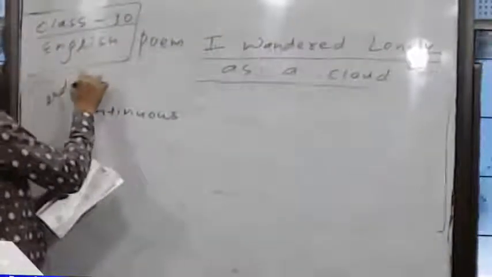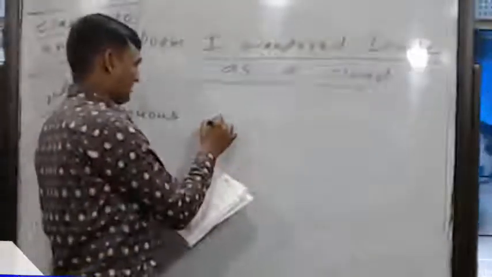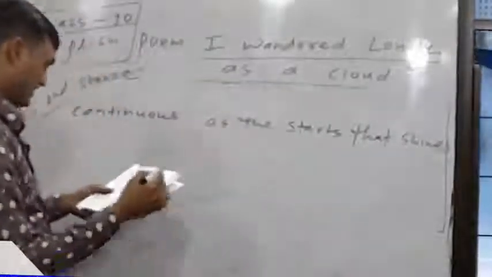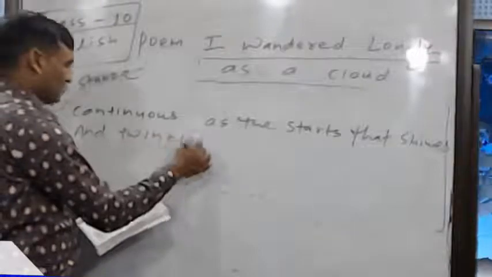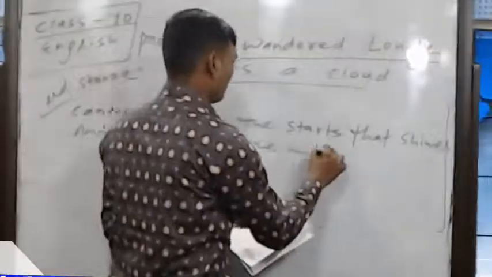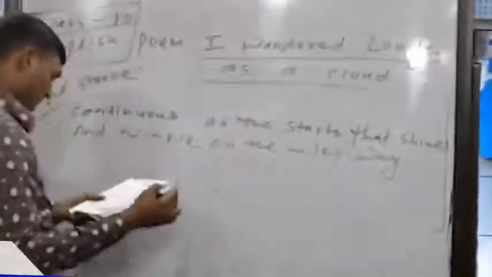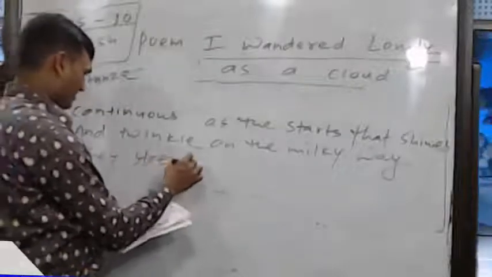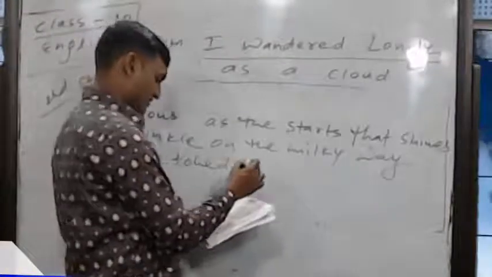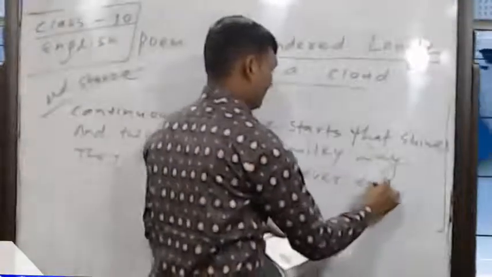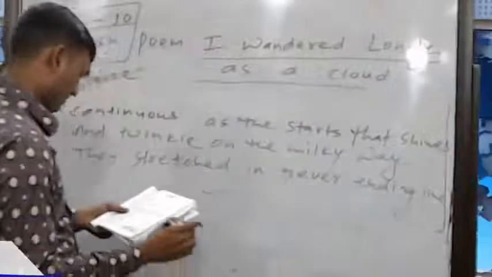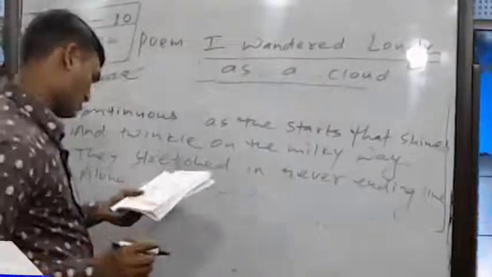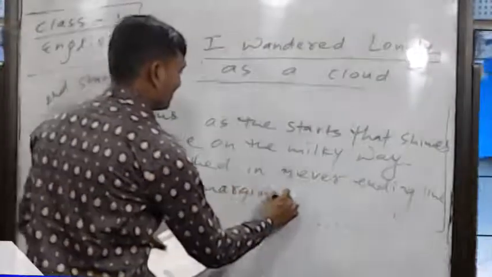Continuous as the stars that shine and twinkle on the Milky Way, they stretched in never-ending line along the margin of a bay.